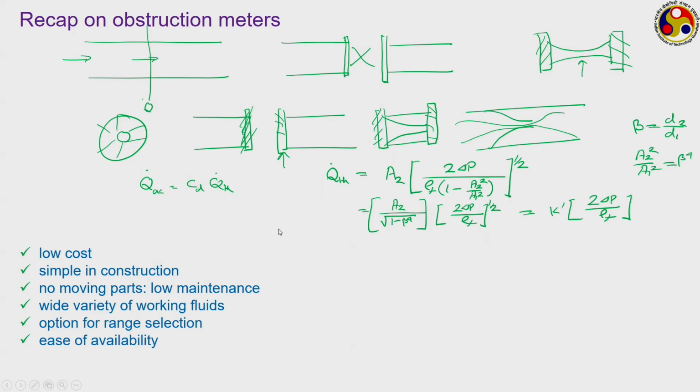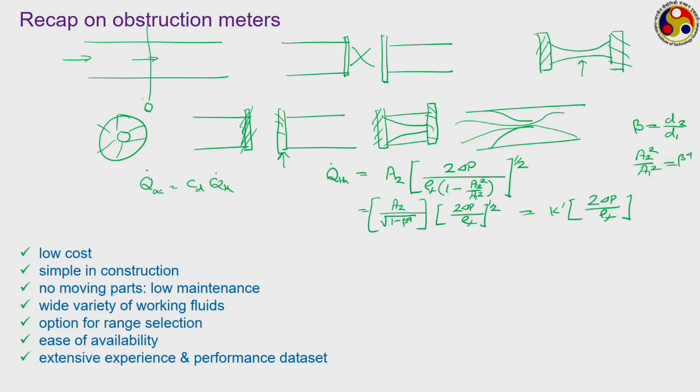They are easily available. There are hundreds of manufacturers or suppliers available to supply any of these meters, like a venturi meter or orifice meter. You can always purchase from the market for the fluid that you are likely to work with and exactly for the flow range which you are likely to deal with.